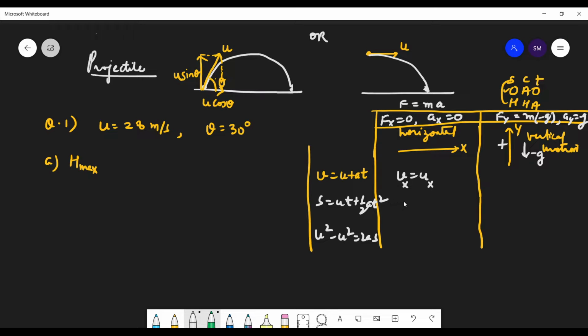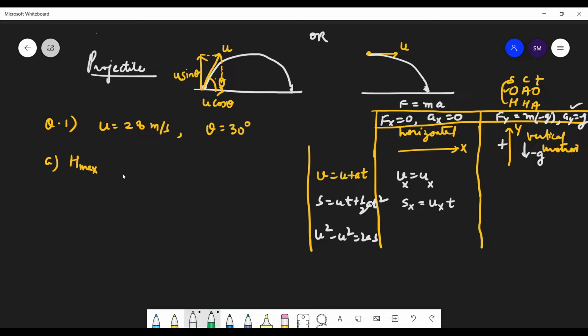Here sx is equals to ut, as the a term cancels out. And here also this term will cancel out and v square is equals to u square, so v is equals to ux. Here you have to replace this a with minus g.